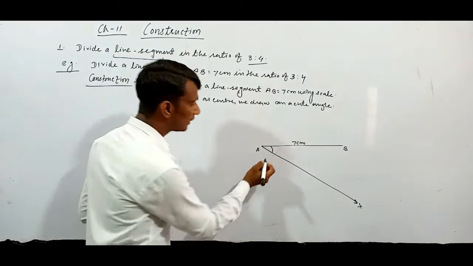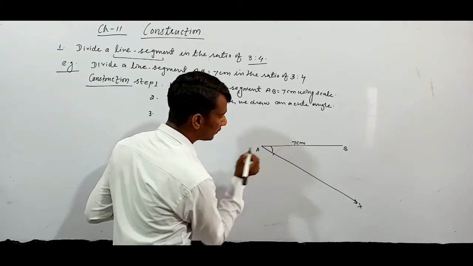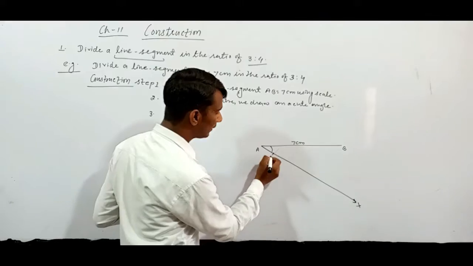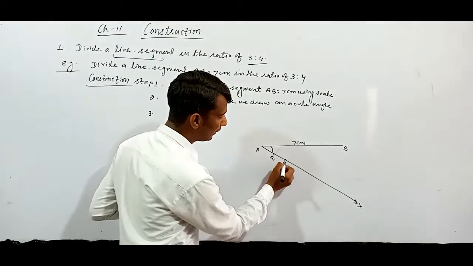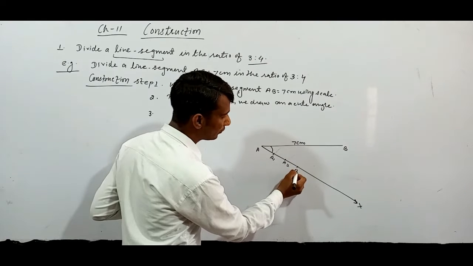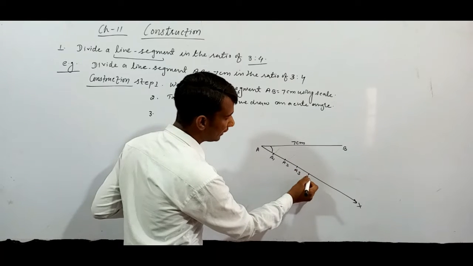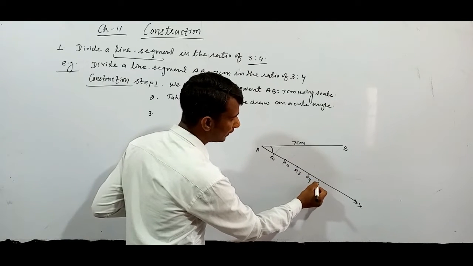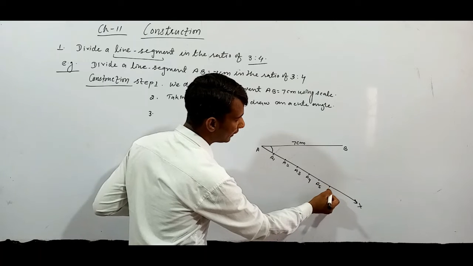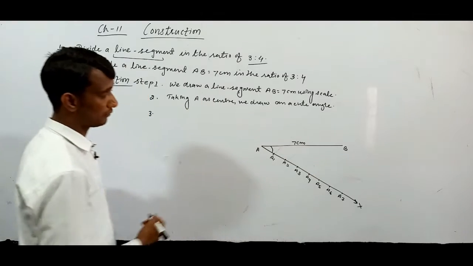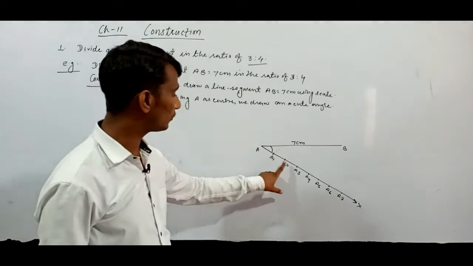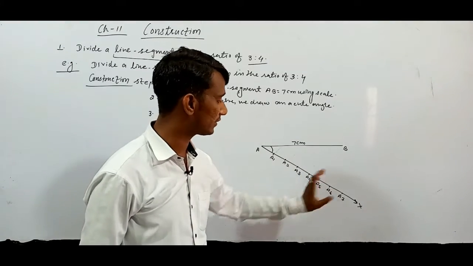Using the scale you can draw 7 parts: A1, A2, A3, A4, A5, A6 and A7. Means 7 equal parts, 1, 2, 3, 4, 5, 6 and 7.